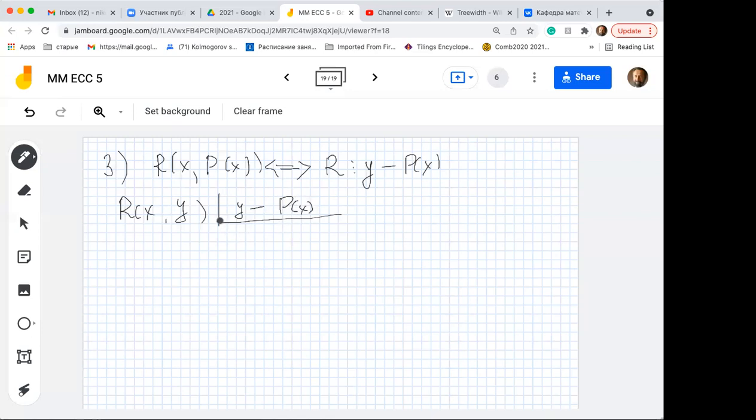After the division, we obtain some quotient, say q of y, x, and some remainder, say t of x. The degree of the remainder is less than the degree of the divisor. That means that the remainder is a constant polynomial, in other words, a polynomial without y, only t of x.